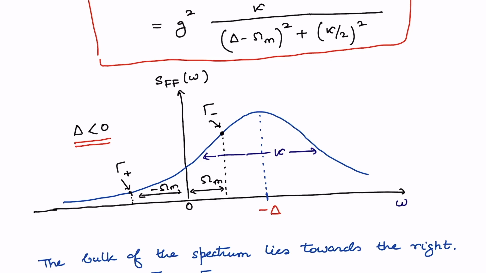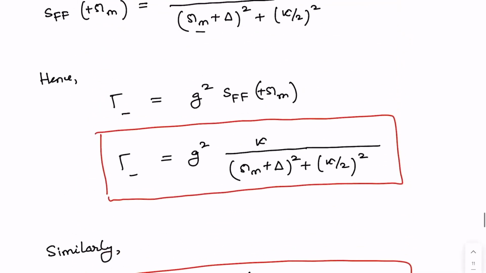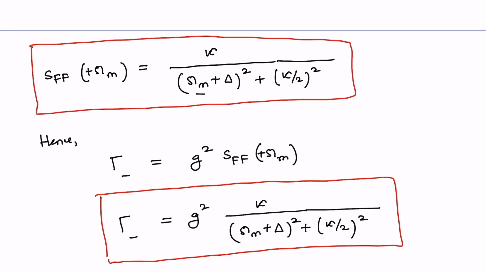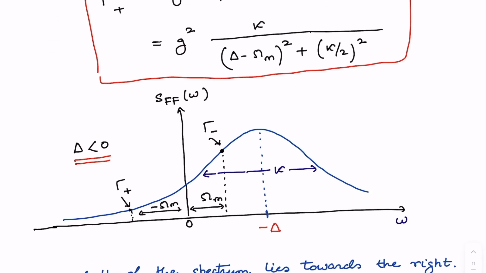So basically, we are plotting this expression here. The width of this spectrum is kappa, which is related to the cavity decay. That's the full width at half maximum.